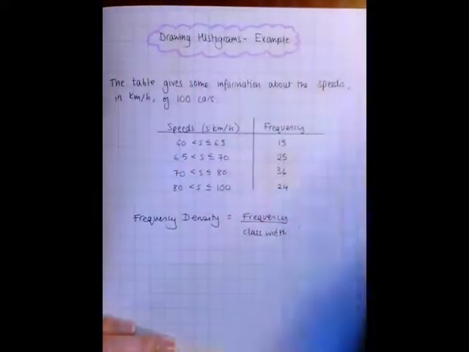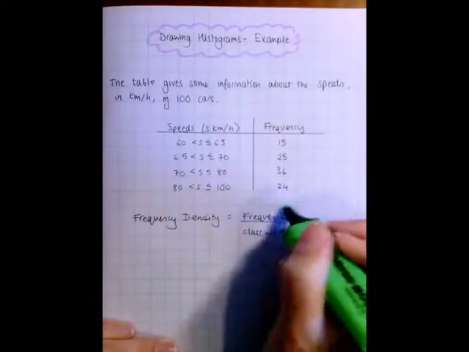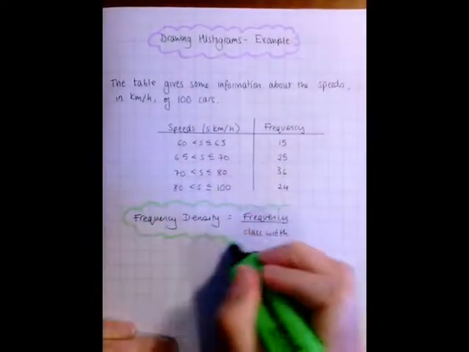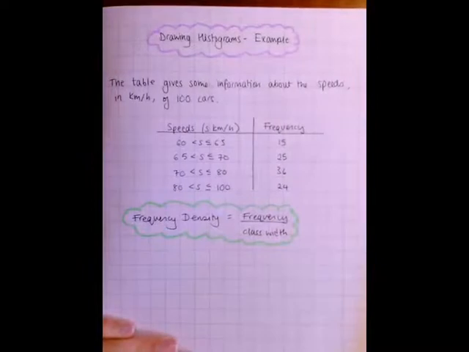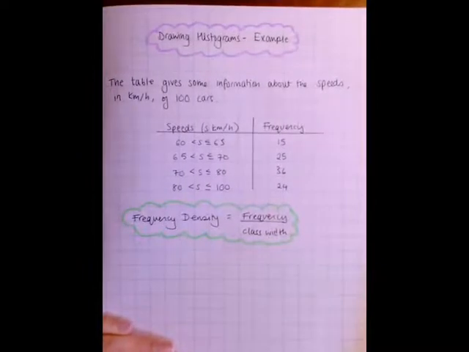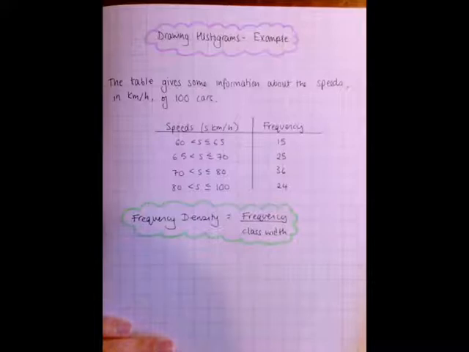So that is the key formula that we have to remember. This means that the area of the bars actually represents frequency, rather than it being how high the bar is, which is what we usually look at. If it's frequency, it's all about the area of the bars instead.